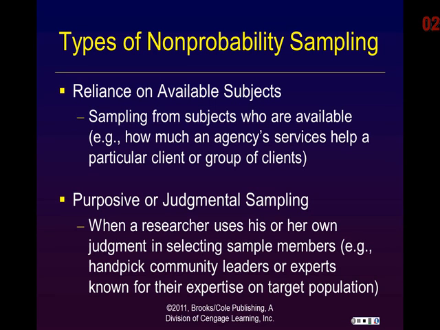Now, for example, if I wanted to do a purposive or judgmental sampling technique, I would use that whenever I wanted to ensure that I had the exact type of participant that I wanted. I would do something like limit my sampling only to that subset of the population that had the criteria that I was looking for. For example, say I wanted to know about the first impressions of graduate students with online education.